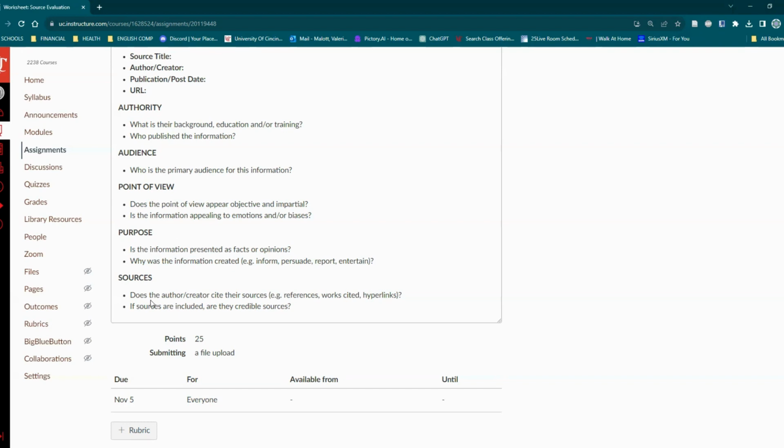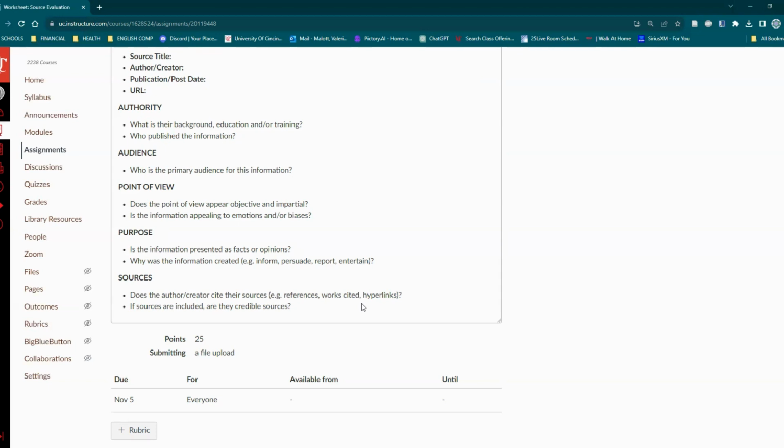Again, does the author or the creator cite any sources? Do they have references, works cited? Does the article have any hyperlinks that you're able to click on in the PDF? If they're included, are those credible sources, or are they just linking to somebody's blog, that kind of thing?